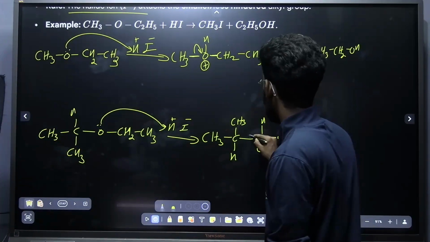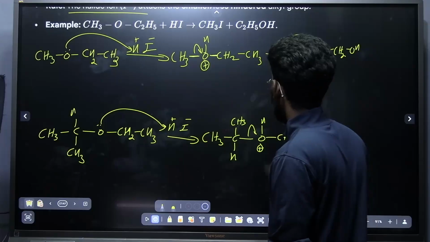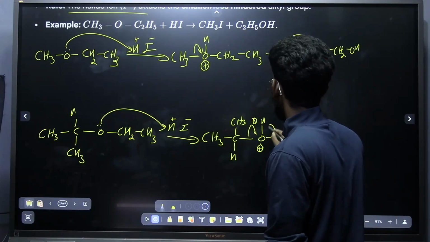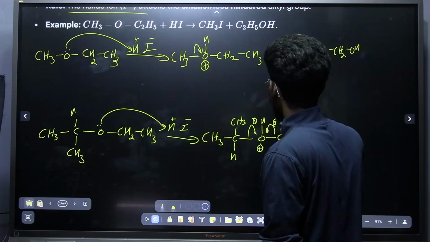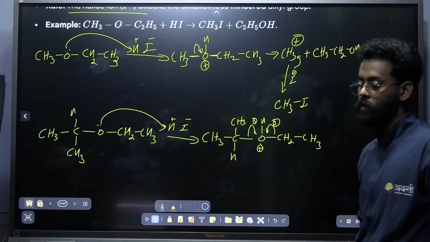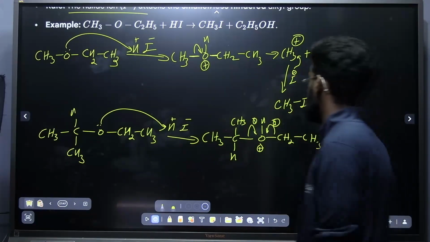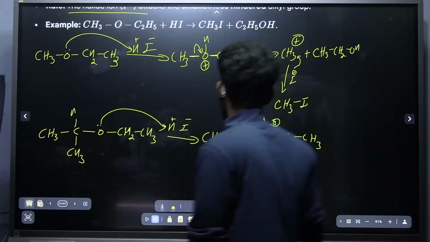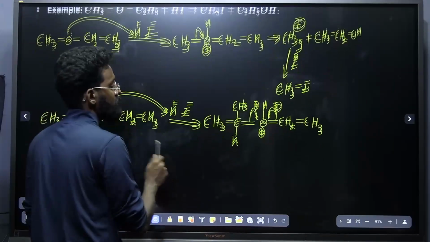This is the first cleavage, it can take place from here to here. And the second one is like this. Which cleavage is going to take place, first one or second one? Second. Yes, very good, second one, because the second cleavage only will form a carbocation which is less sterically hindered.